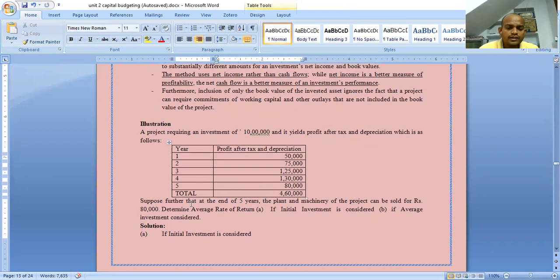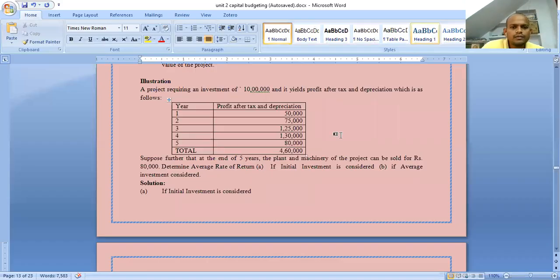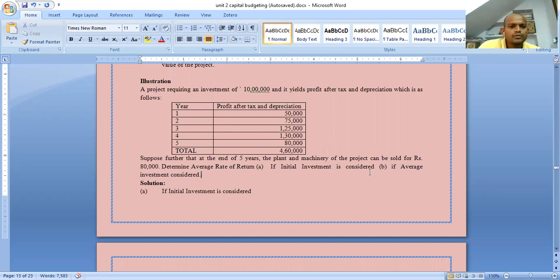Suppose further that at the end of the 5 years there is a salvage value. Determine the average rate of return: A, if initial investment is considered; B, if average investment is considered. So how do we calculate the ARR in these two versions?